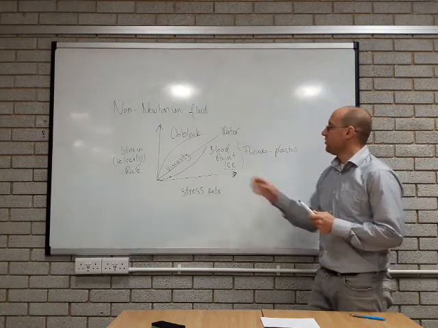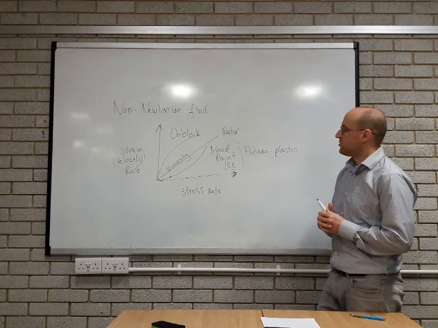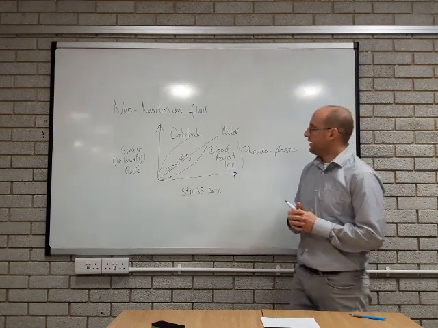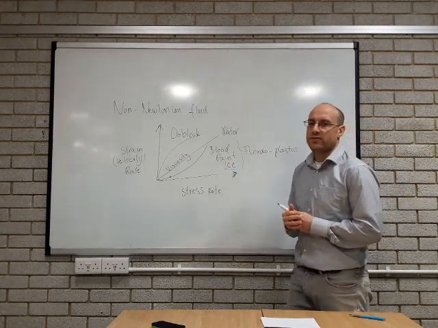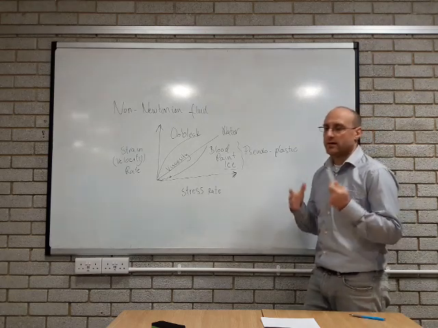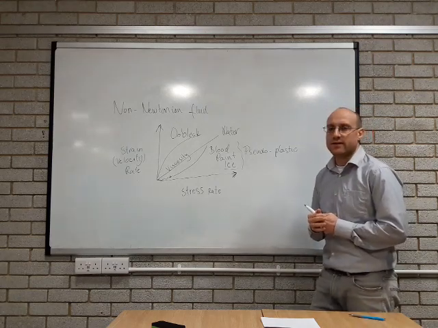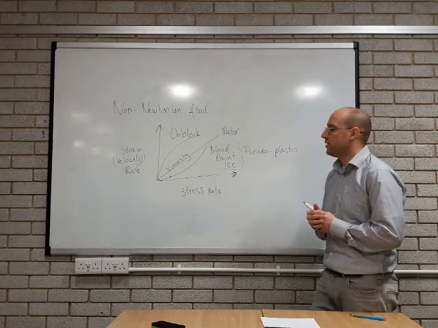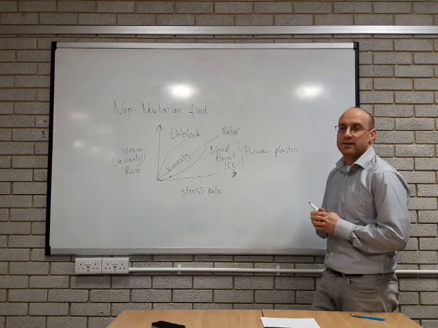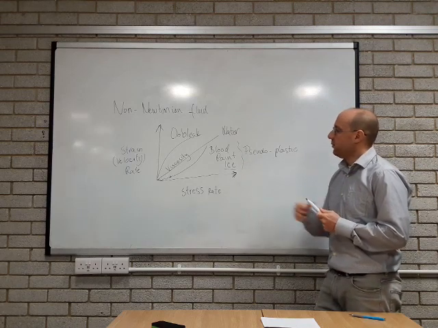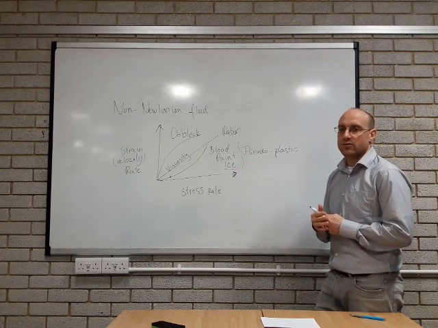So both are non-Newtonian fluids, but we just want to know that the example that you so often see in scientific experiments or on the internet, oobleck, is different from how ice is a non-Newtonian fluid.